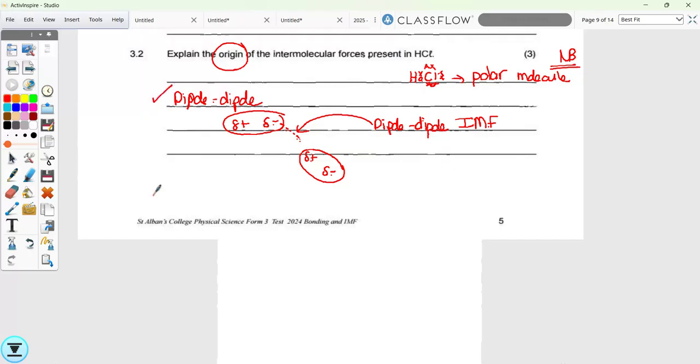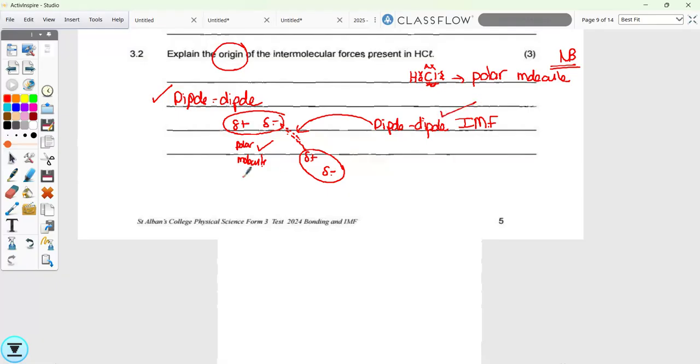For saying that it's a dipole IMF, you get a mark. For showing the delta positives and delta negatives, so that it's a polar molecule, that's another mark. And for showing that the dipole IMF is between the delta negative of one molecule and the delta positive of the other molecule, that's your other mark.